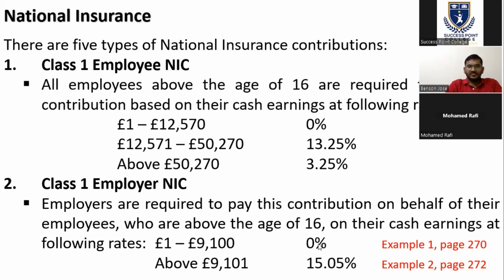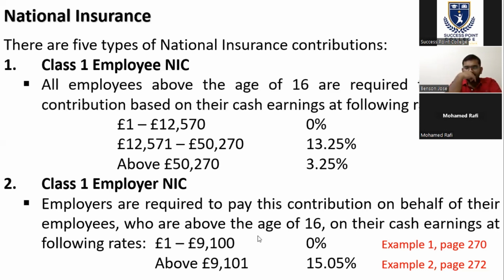So we shall take 60,000 minus 9,100, and all that amount is charged at 15.05%. This is class 1 employer NIC. Whatever this amount is, it will also be deposited into the NIC fund by the employer on behalf of the employee.